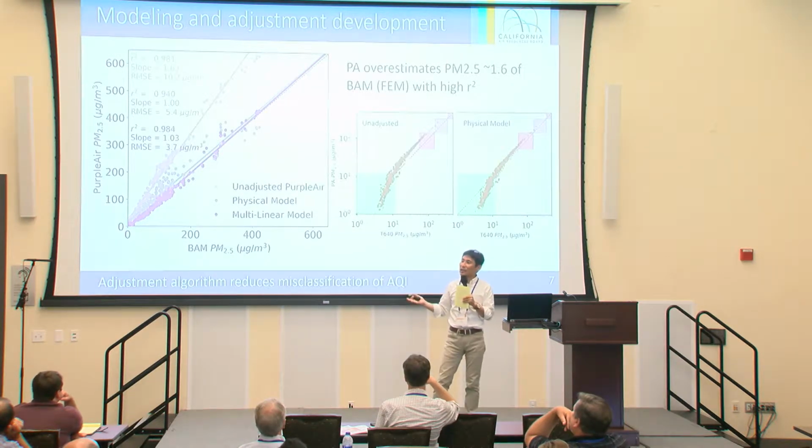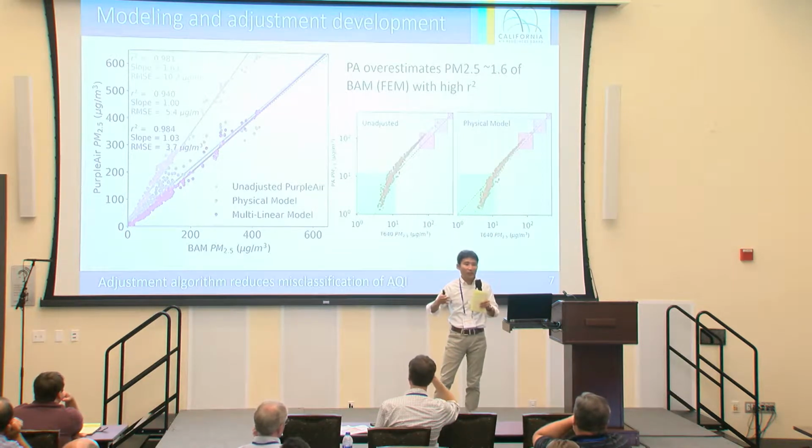The sensor manufacturer trains the data with a certain environment, like cigarette smoke, with some reference instrument. So that really characterizes the sensor. Each different sensor has different characterization there.